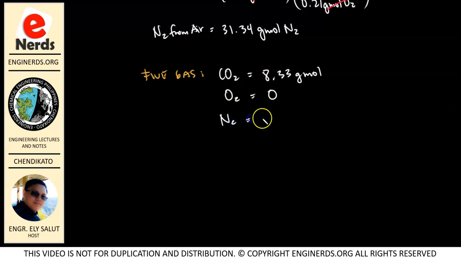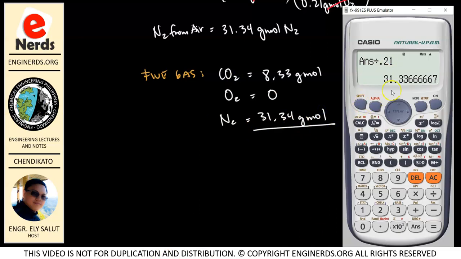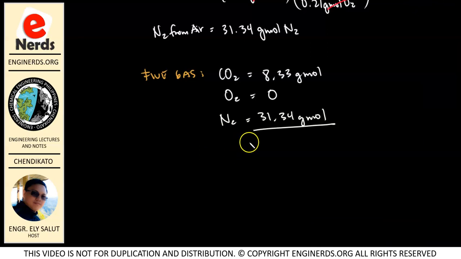And for N2, we have 31.34 gram mole. So, ilan yung total moles natin sa ating flue gas? We have 31.34 plus 8.33, which is equal to 39.67 gram mole.